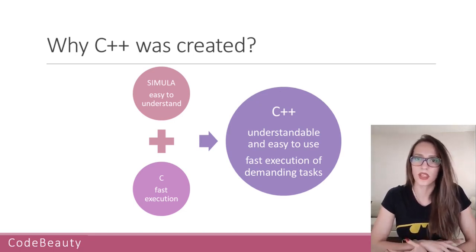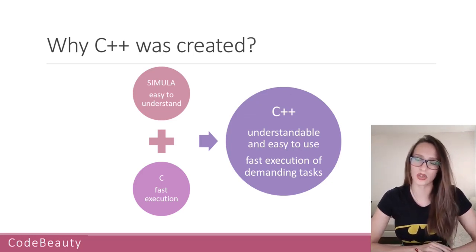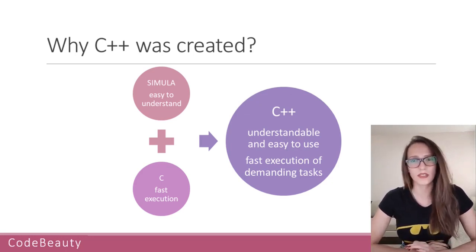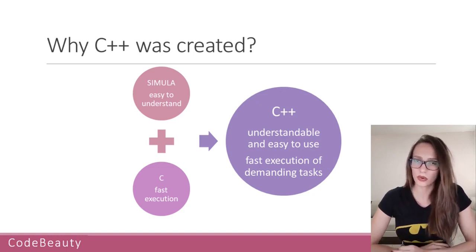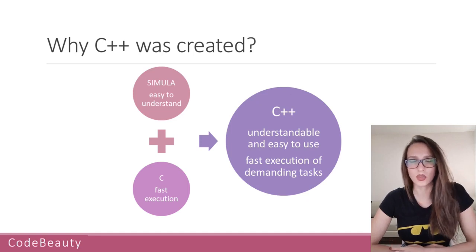So it was very understandable and easy to use for humans. But at the same time, it was very, very slow. So they decided to combine it with another programming language, a fast one. And at that time, the best choice for that was the C programming language. So they combined the two and they got C++.